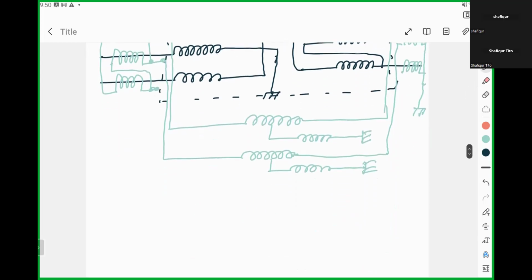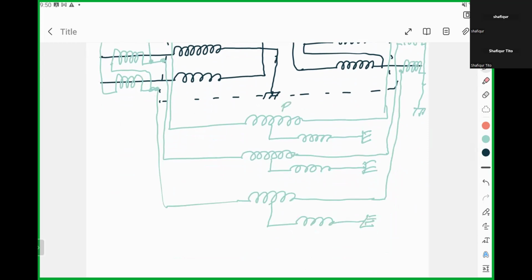The third one is this one, and that will be connected with this one. This is connected to the earth. So this is the restraint coil, we can name it, and this is the operating coil.